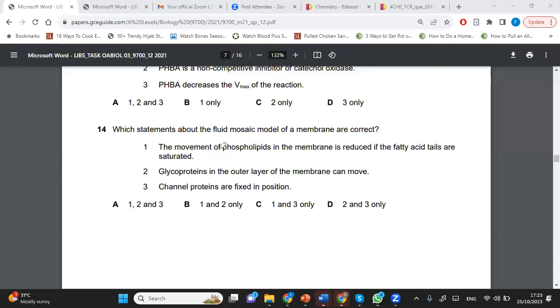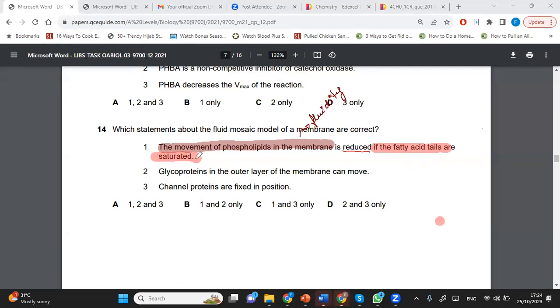When they use this term, what are they actually trying to say? They are talking about fluidity. They are saying that the fluidity of the membrane will be reduced if the fatty acids are saturated.